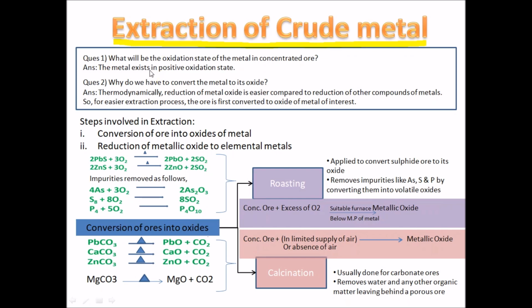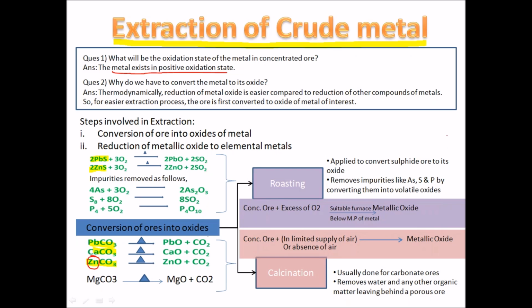We have some examples of the ore like PbS, ZnS, PbCO3, CaCO3, ZnCO3, etc. Now, in all these ores, you find the sulfide and the carbonate ions have negative oxidation states. Hence, the metal which is involved along with them will have to be in the positive oxidation state. Thus, the metal will always exist in the concentrated ore in the positive oxidation state.